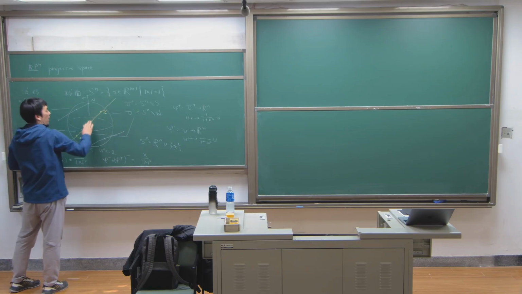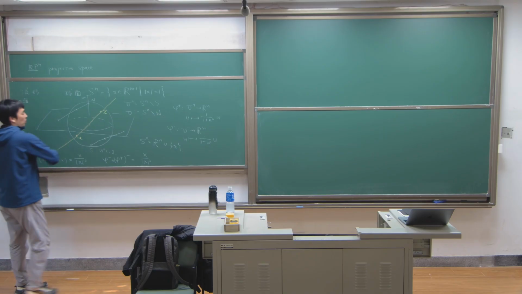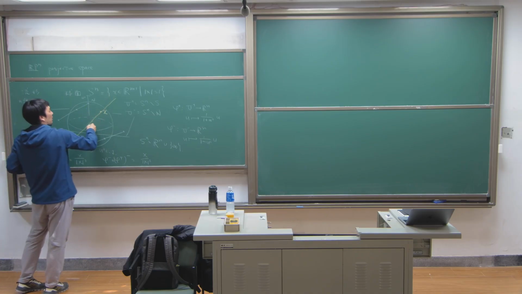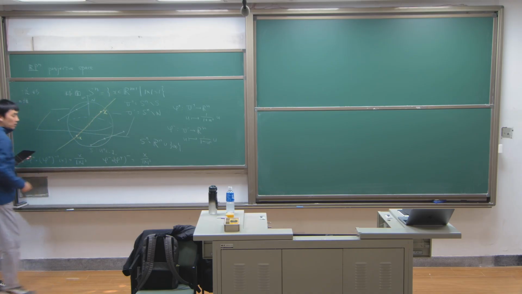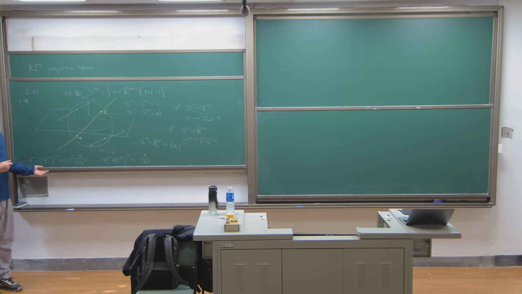So the point is scale, so you get rid of the origin, and then you just consider the line and quotient by any scaling from infinity to minus infinity. So you just identify all the points along this line. That is RPn.